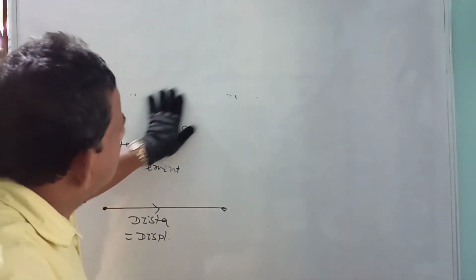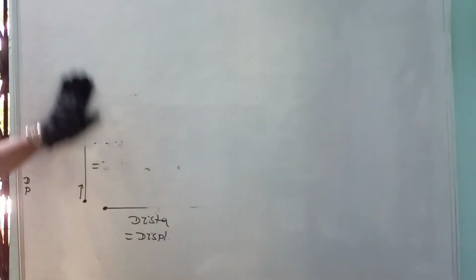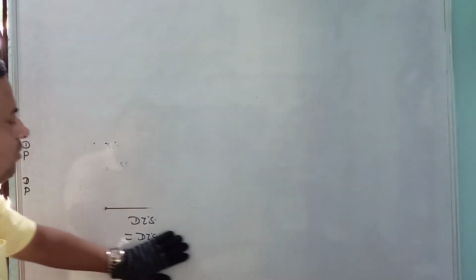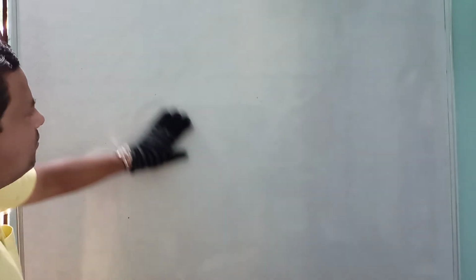Okay. So students, now we have to focus on the position-time graph, because from this graph you can immediately get information on whether the body is in uniform motion, at rest, or in non-uniform motion. How to find out?